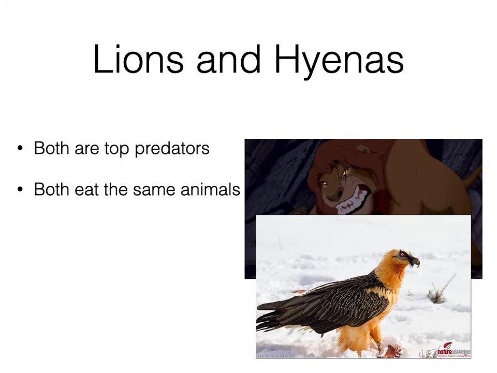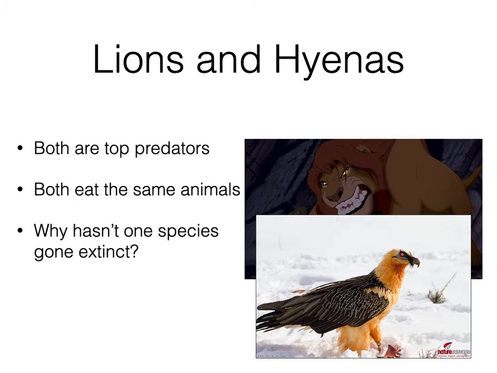They eat the same animals, and so the question becomes, why hasn't one species gone extinct? And the reason is because hyenas have adapted to eat slightly different parts of the same animals that lions feed on, particularly the bones of prey species.